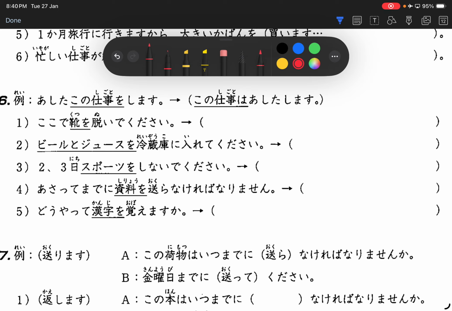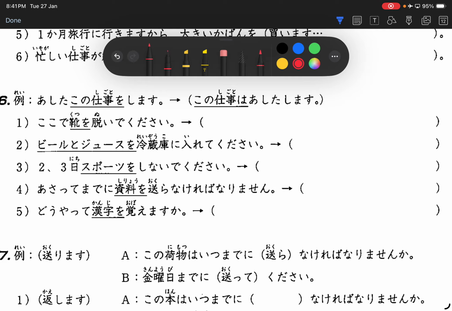Number 2. ビールとジュースを冷蔵庫に入れてください。I don't really know what to do to the sentence. I also don't know what they want. Okay, fine.